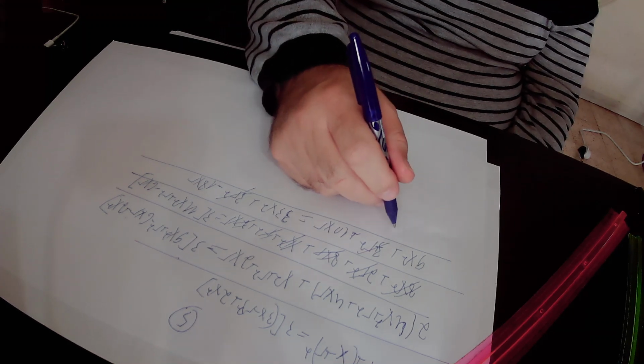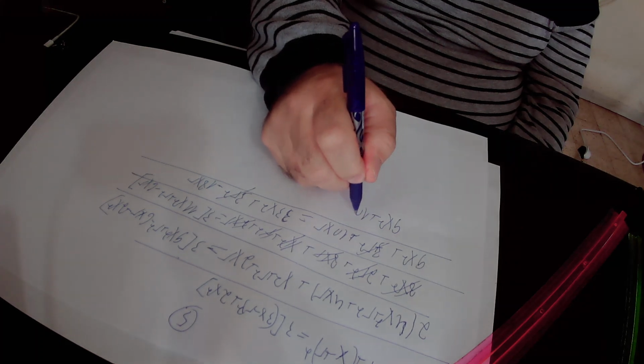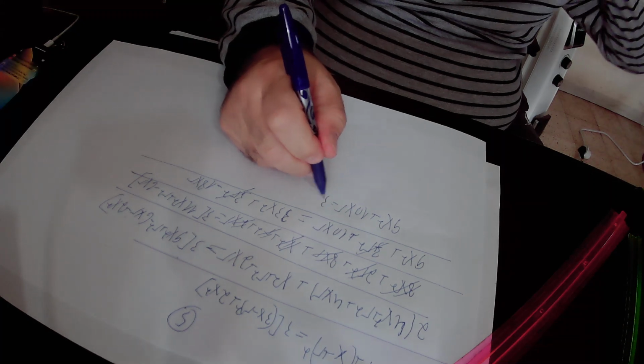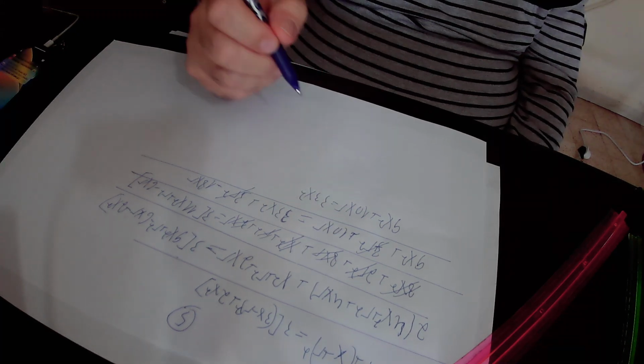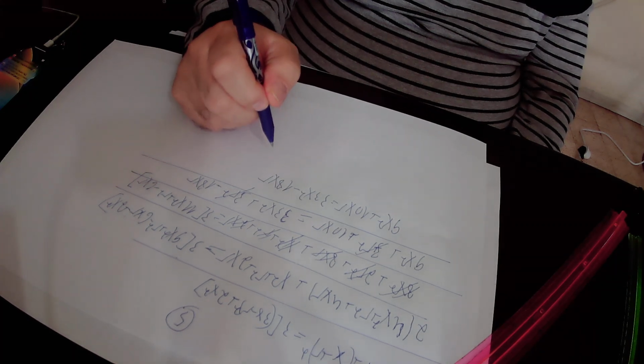In this side of the equation we have 9x squared plus 10xr, that is equal to 33x squared minus 18xr.